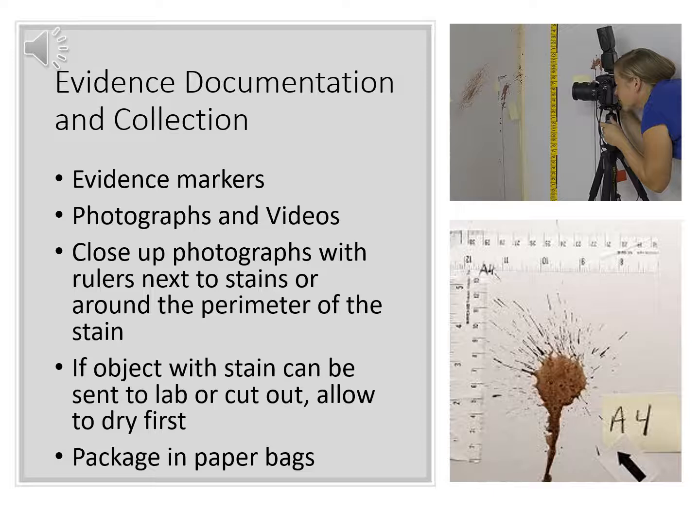If the object with the stain can be sent to the lab or cut out, we want to make sure that we allow it to air dry first. Then we place it in a paper bag, a non-airtight container, so that we don't run the risk of molds degrading the sample. Again, of course, all of the information we discussed back in the serology topic is still applicable. So just because the blood is in a spatter pattern that's going to give us additional information, it's still blood.